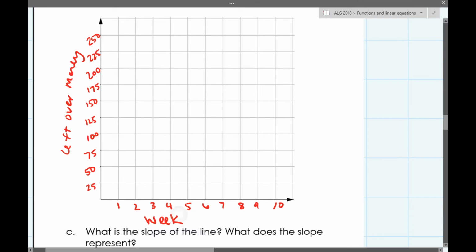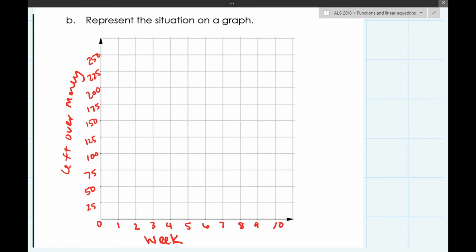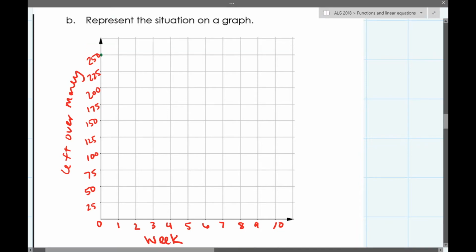Once again we end at 0. Now at 0 weeks, how much money do I have? How much money did I start off with? Well, I started off with $250, so I have to put 250 right here.